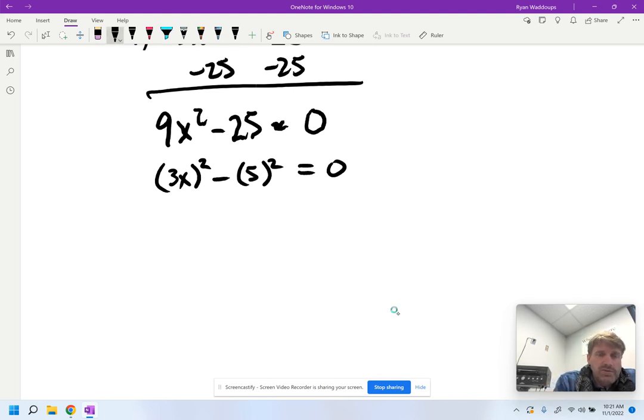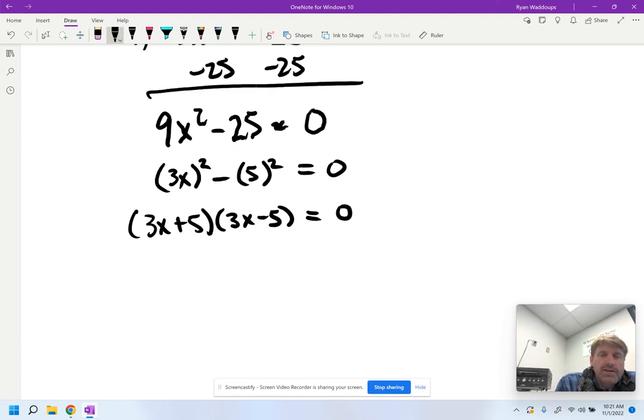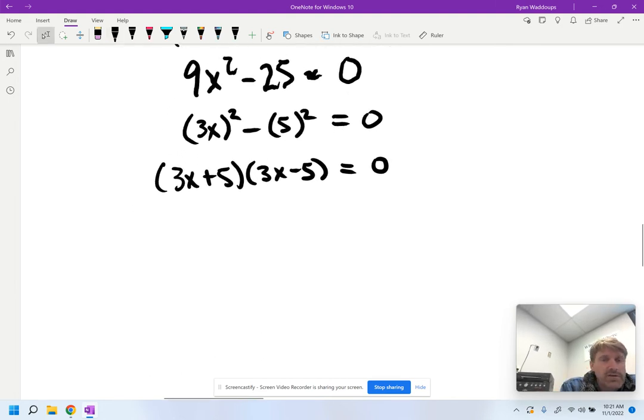So this factors to 3x plus 5 and 3x minus 5, and this is equal to 0. Then I take each of these factors and I set them equal to 0. 3x plus 5 equals 0, or 3x minus 5 equals 0.